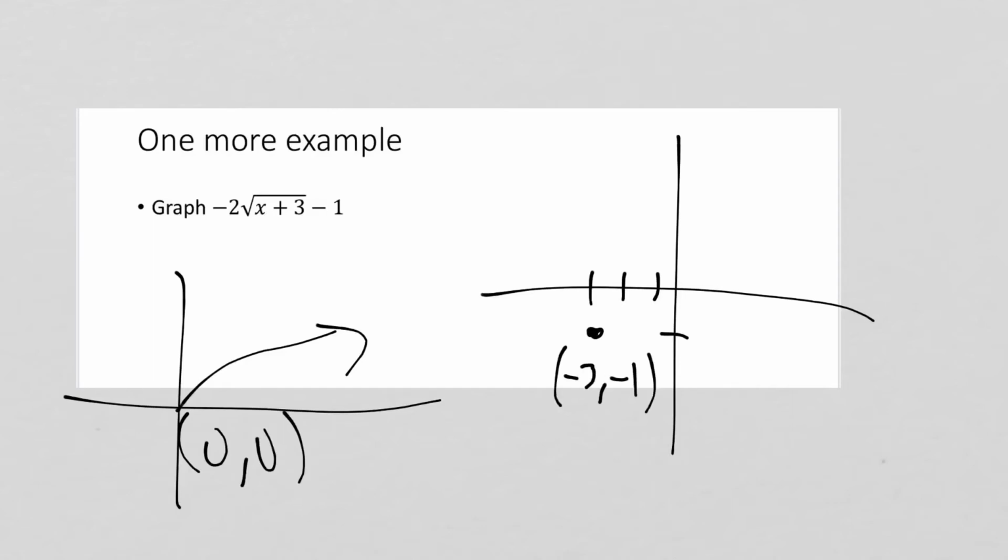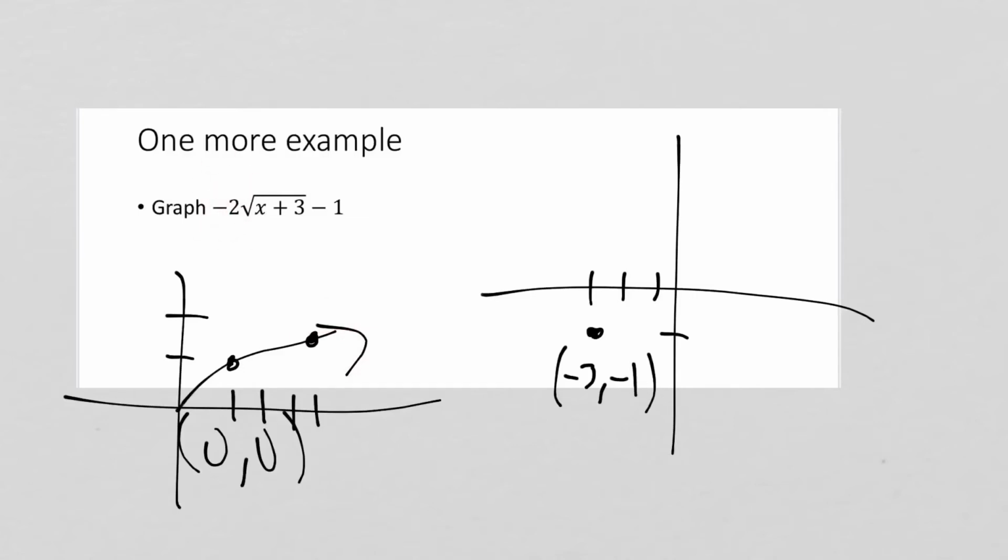Now, normally in the square root x function, we would be going over 1, up 1 to that new point, and then we'd be going over 1, 2, 3, 4, up 2 to get to that point. So we would normally run by 1, rise by 1, run by 4, rise by 2. But we're multiplying our outputs by -2.